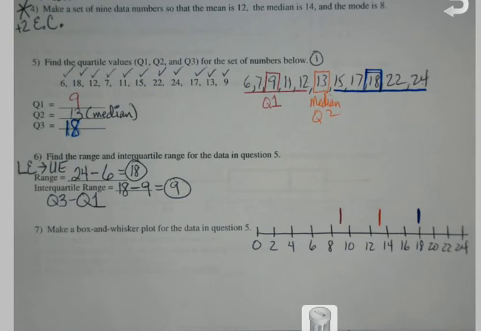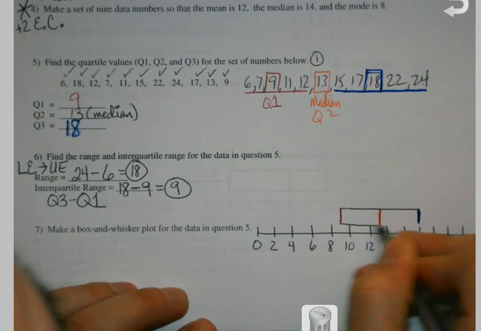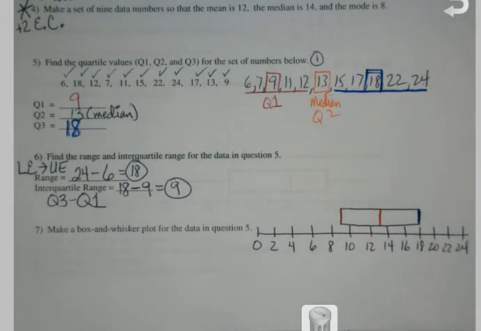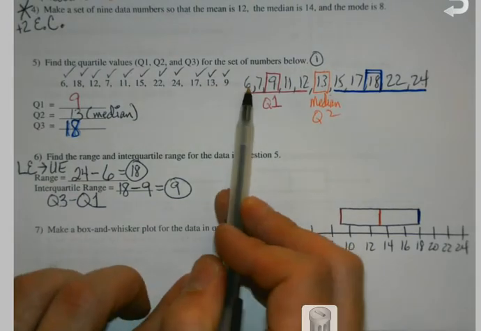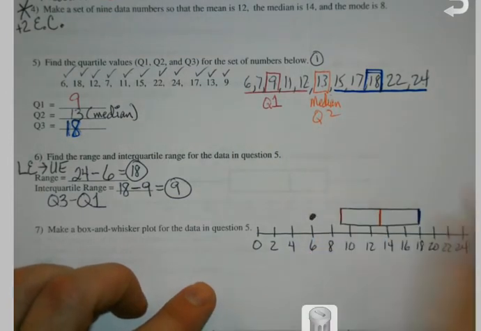And once I get those 3 things put in, I'm going to go ahead and connect them and make a box. Hence the word box and whisker. Now my whiskers come from my extremes. My lowest value, which is at 6, and my highest value, which is at 24.